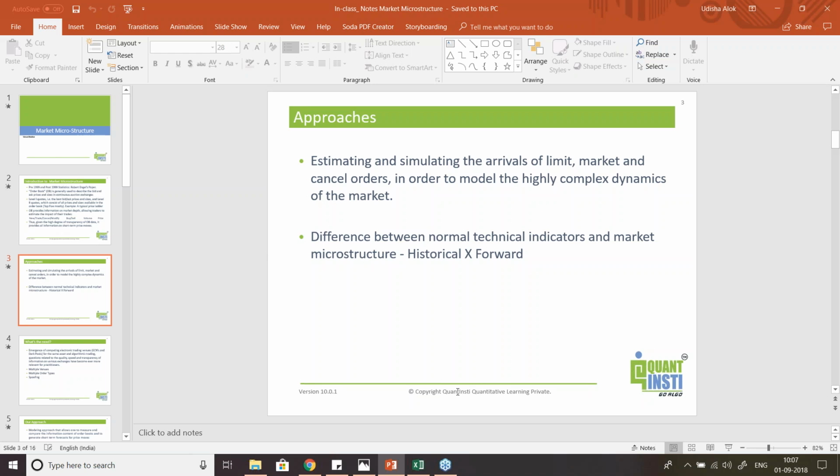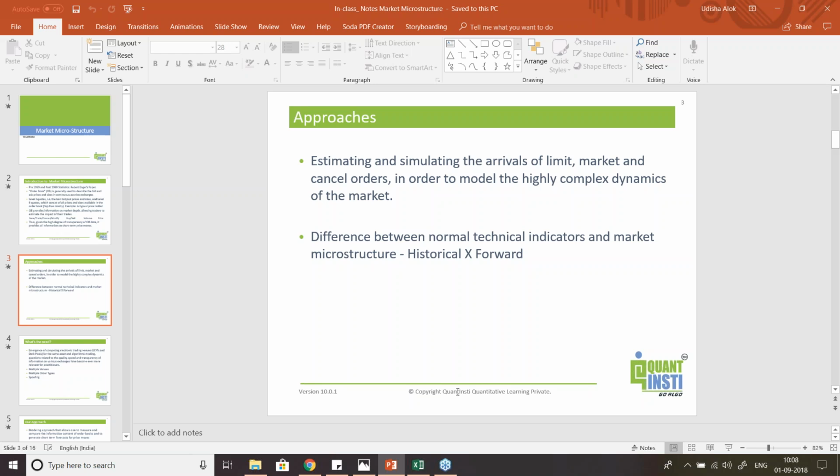Okay, cool. So let us try to make a small distinction between the technical indicators that you have used till now and the type of trading strategy that we are going to use right now. So most of the technical strategies or technical indicators that we use are backward looking in time, in the sense that we use past data to make a prediction about the future, right?